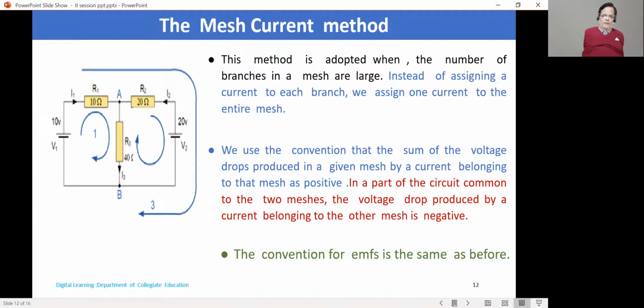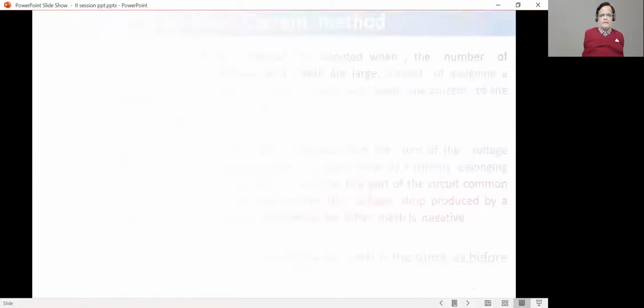So now, the essential difference here is, instead of assigning a current to each branch, we assign a current to a given mesh, and also adopt the convention that all voltage drops produced in a given mesh by a current which belongs to it are positive. All such voltage drops produced in a given mesh by a current which belongs to an adjacent mesh will be taken as negative. Having adopted this convention, how do we solve for an electrical network?